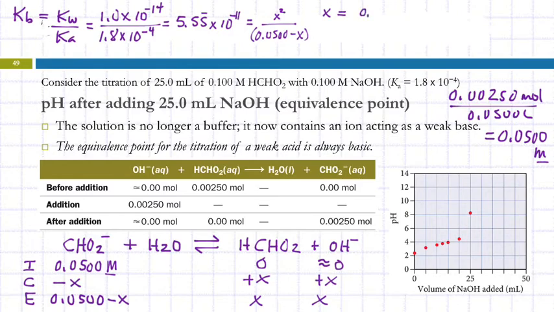This is going to end up being the square root of 0.0500 times our very small Kb.